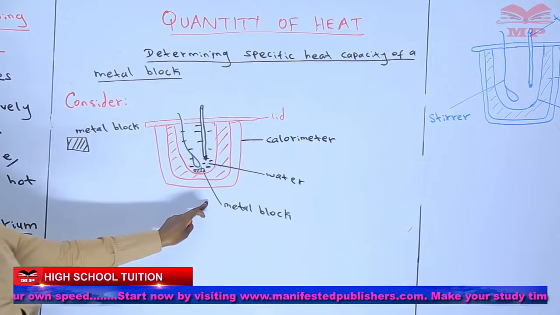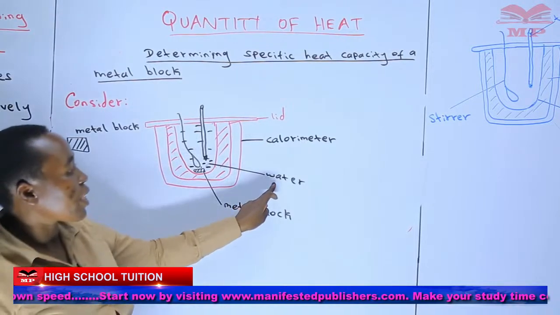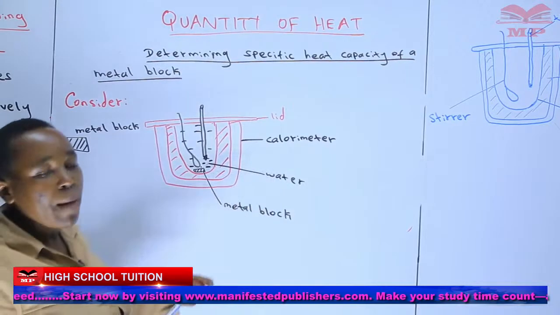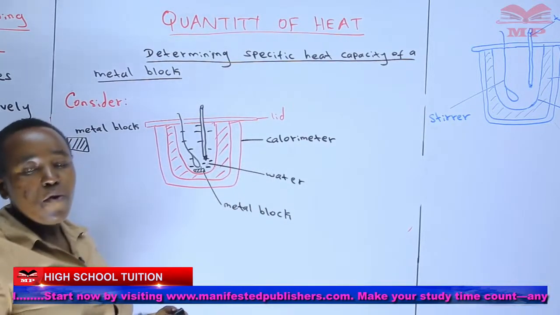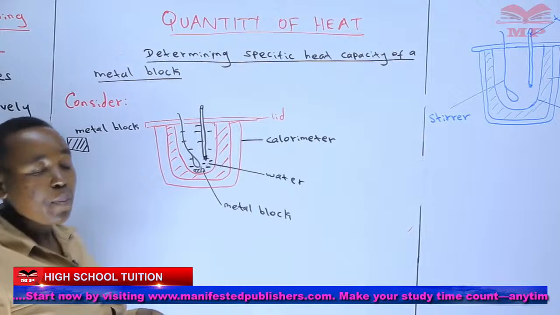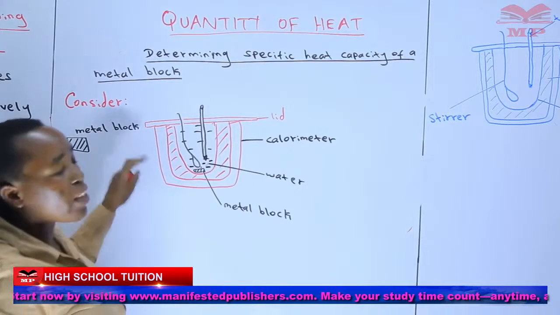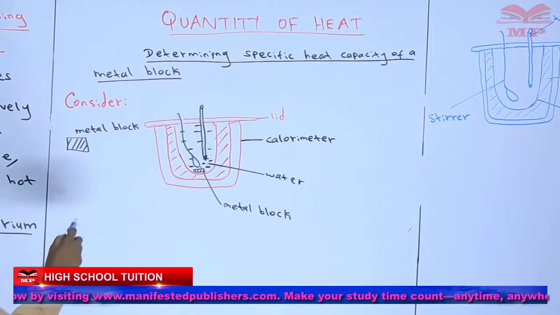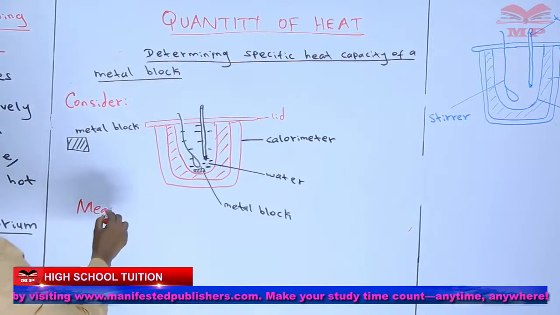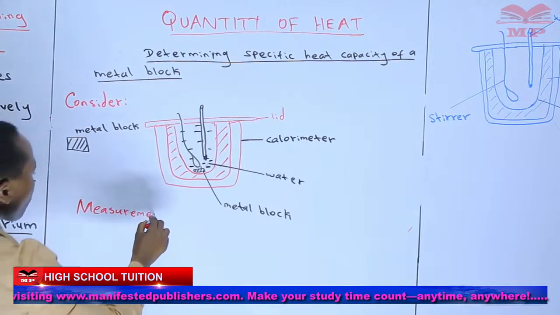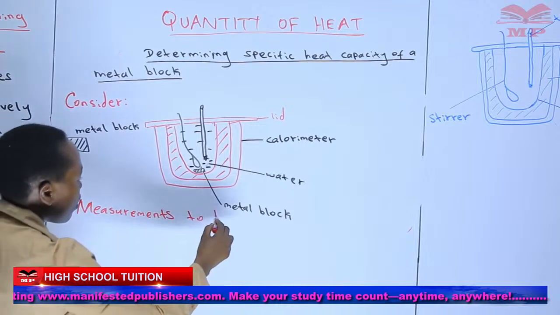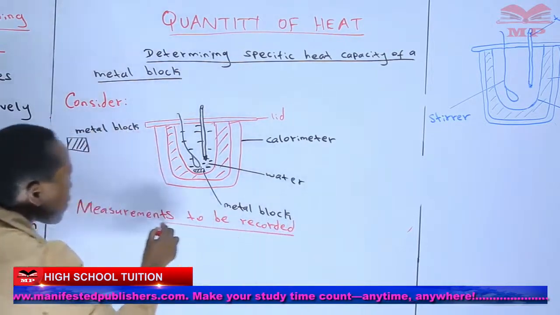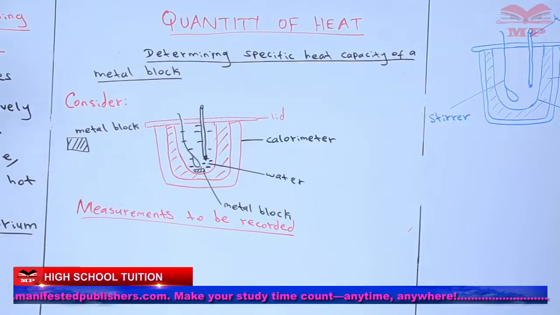So when we have been given the specific heat capacity of water, we want to see what measurements should be taken for us to be able to calculate the specific heat capacity of the metal block. So we want to consider what measurements are to be recorded so that we can determine the specific heat capacity of the metal block.